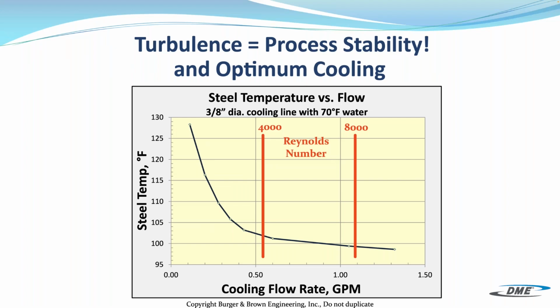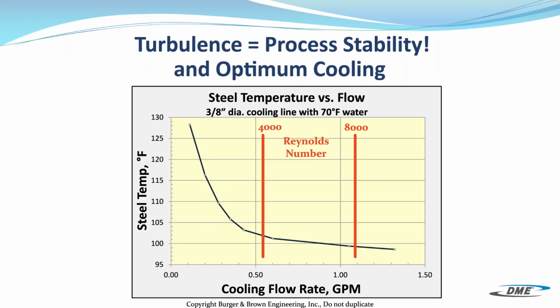But once you get past 4,000 Reynolds number, it becomes more of a steady change, less aggressive change as flow increases. And then above 8,000, you can see the steel temperature change for additional flow is very minimal.